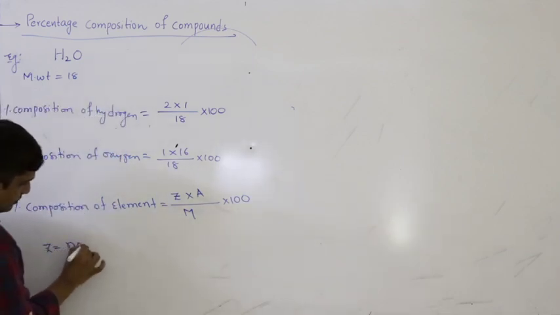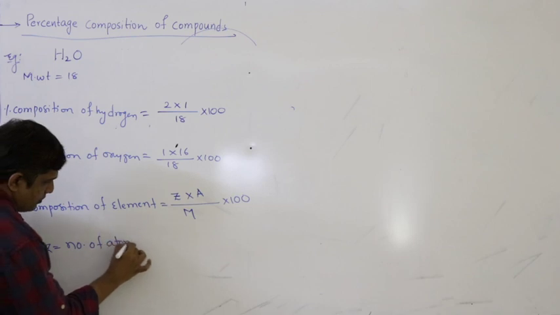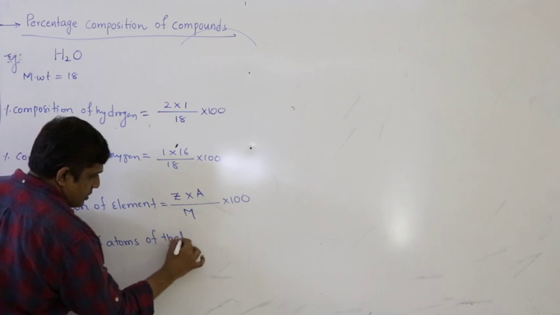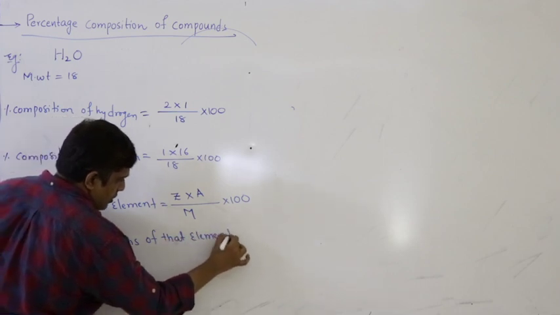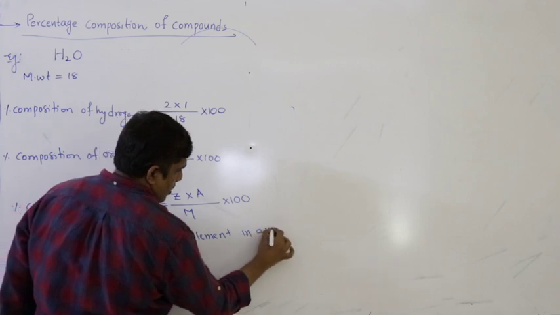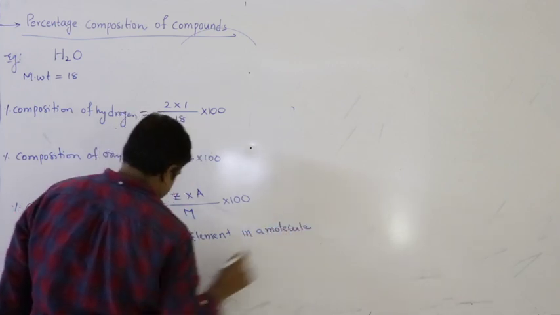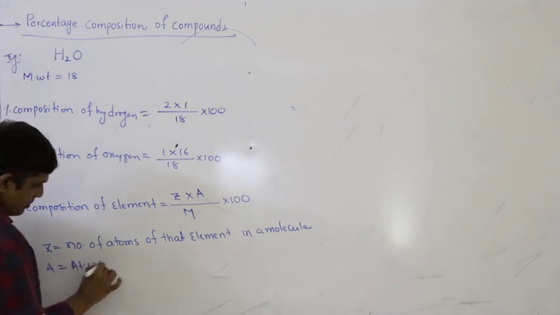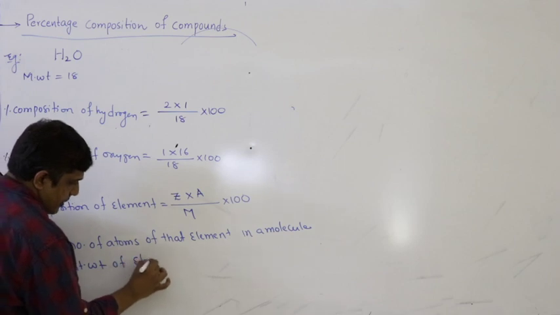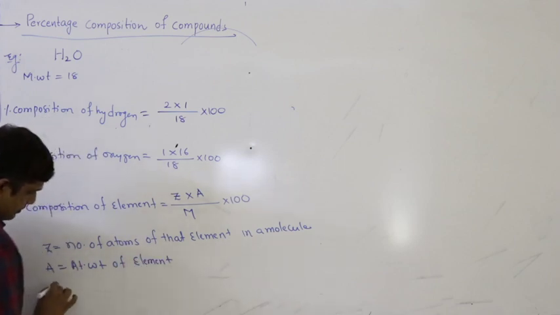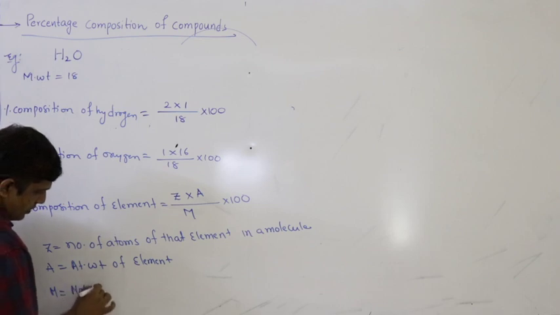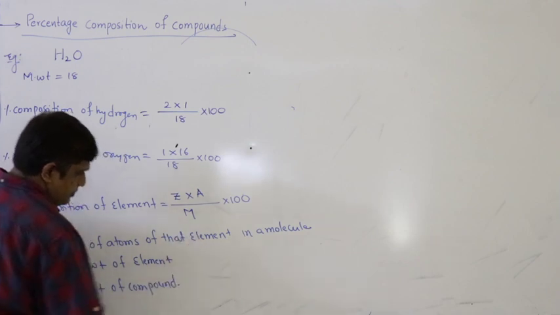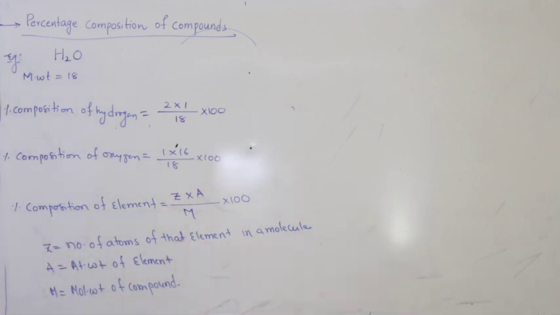Z represents number of atoms of that element in a molecule, atomic weight of the element which you are considering, M, molecular weight of the compound.